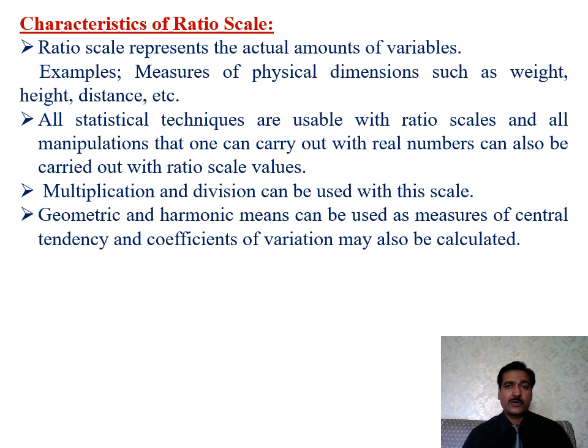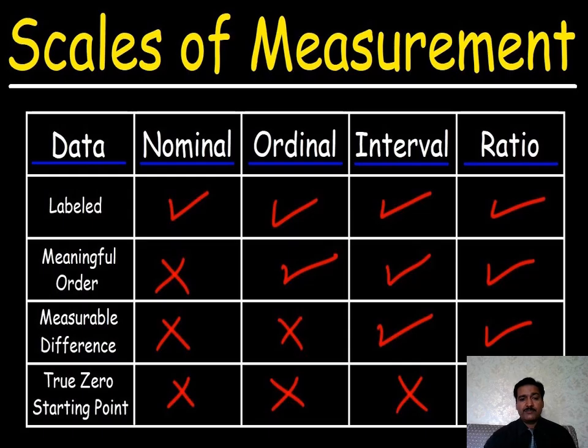By discussing these scales, we come to know which appropriate statistical technique can be applied in different cases. Here I have made a table to understand the scales of measurement at a glance.